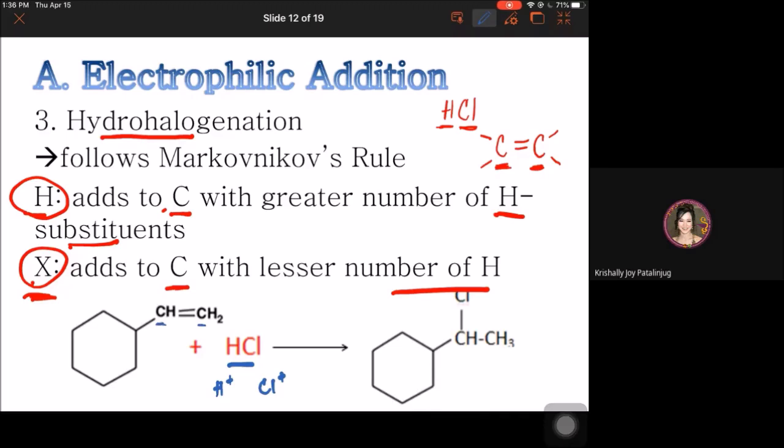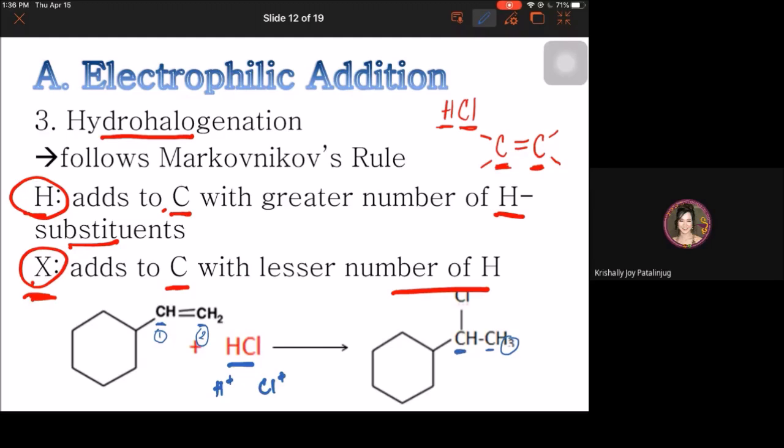Ang isa, CH lang. Okay? Itong carbon na to, CH lang. Yung carbon na nasa kanan, yung nasa right side, CH2. So, mas marami yung CH2. Therefore, on that carbon, dira na to i-add ang hydrogen. Dito siya padulong ang hydrogen. Okay? So, for this carbon, dira ma-add ang chlorine. So that is all about Markovnikov's rule.